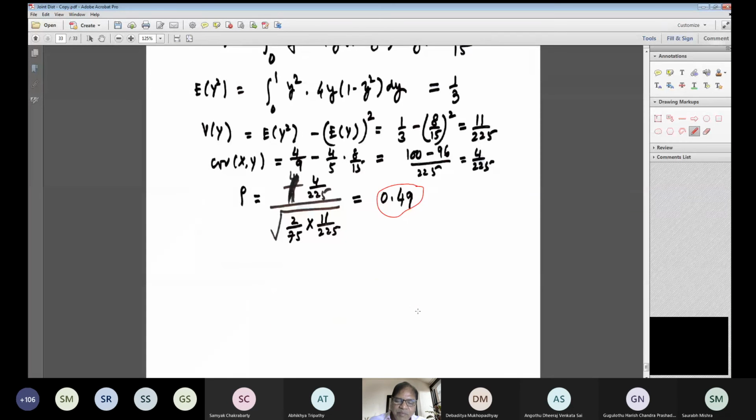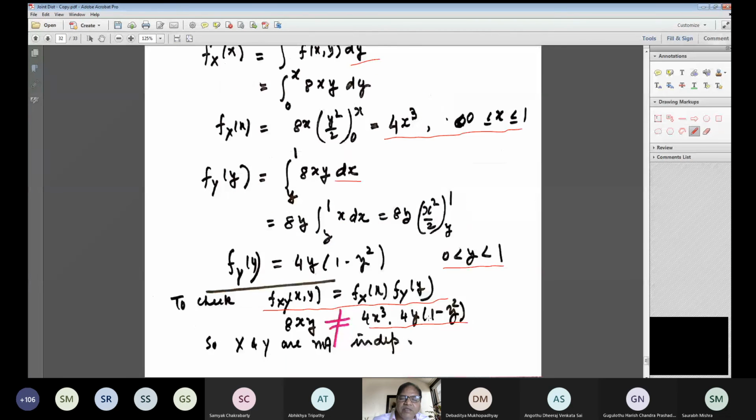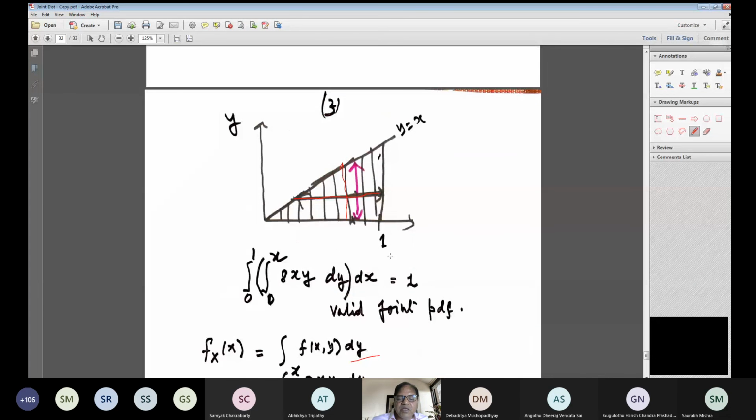So one example I explained earlier was how to get the correlation coefficient given the joint probability mass function. Another example, here I am showing how to get the correlation coefficient in the case of the joint density function. In most problems related to joint density functions, the key is clearly identifying the domain.